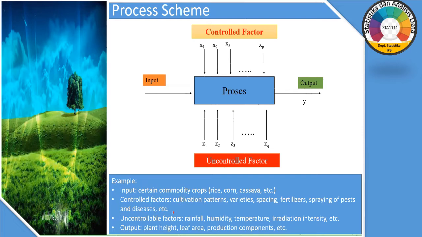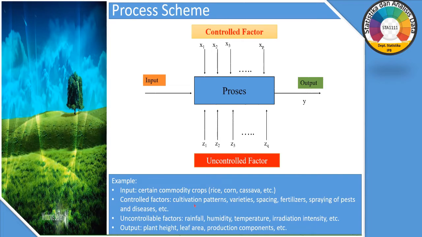But what are the uncontrolled factors? It can be like wind speed, right? Because wind speed may have influence on the plantation. It can be rainfall, fertility of the soil, humidity, temperature, and so on. So all of those are uncontrolled factors, and they may have some influence on the result, right? So what we focus on is this, of course, and for the uncontrolled factors we can do something so that the effect can be localized.